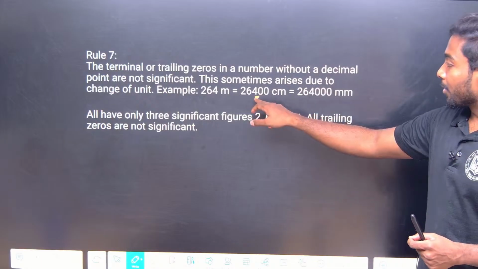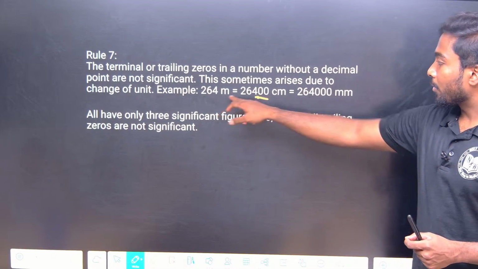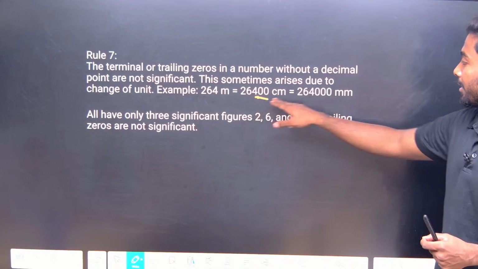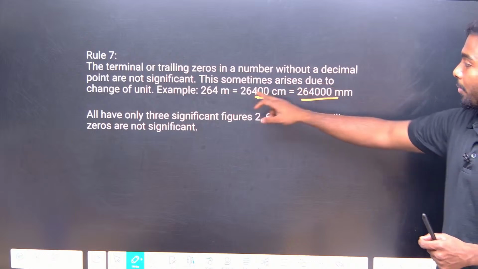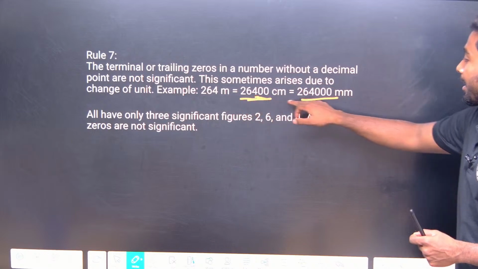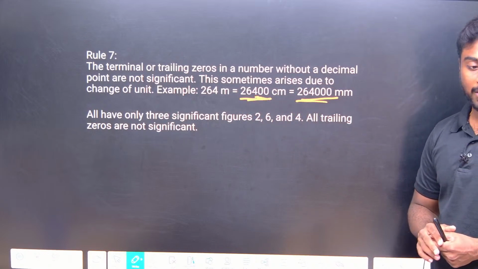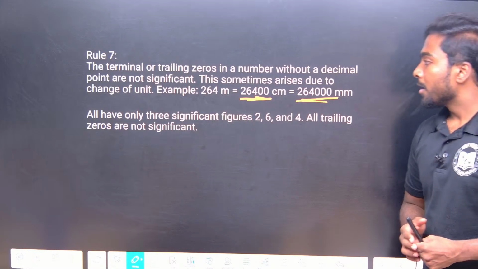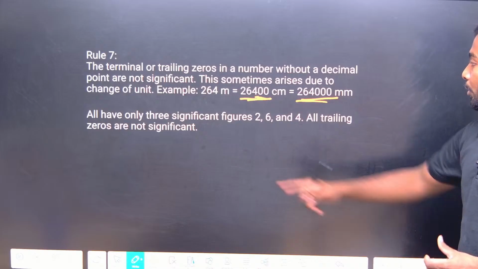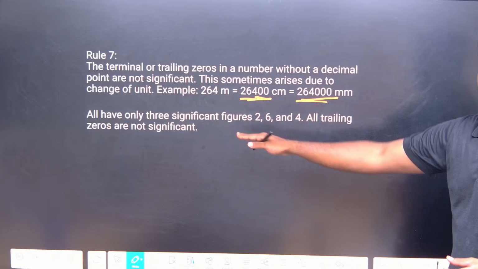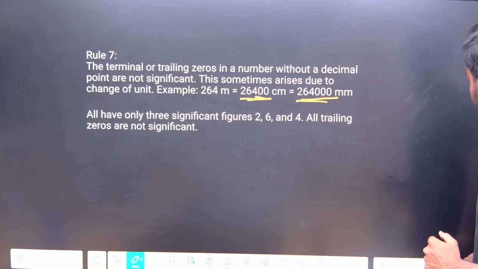So here zeros are there. 1 meter equals 100 centimeter, so here again I should take it as 264 into 10 power 2. When I take the trailing zeros, they are not significant. So all have only 3 significant figures, 264. All trailing zeros are not significant.